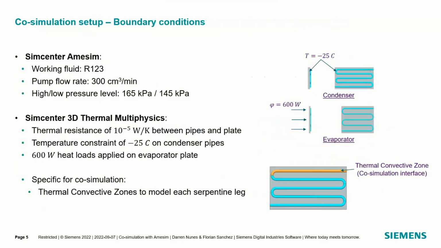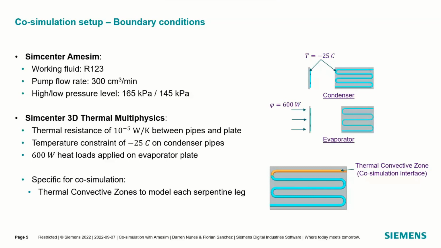And now Florian's going to explain how he fully set up the model, developed the different boundary conditions, and set up the geometries within the SimCenter 3D. Yeah, thank you, Darren. Before jumping into the co-simulation setup, just a few words about the boundary conditions, because we are going to present some results, so it will ease your understanding of what we will present.